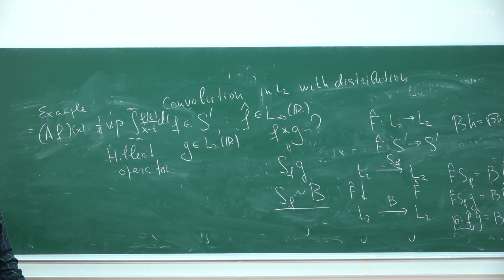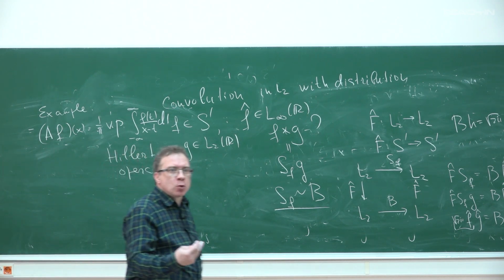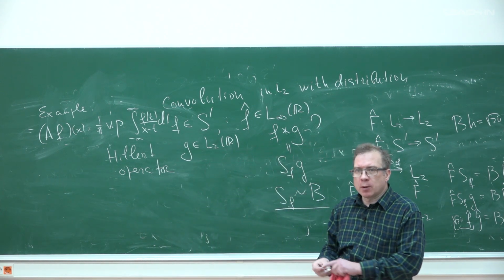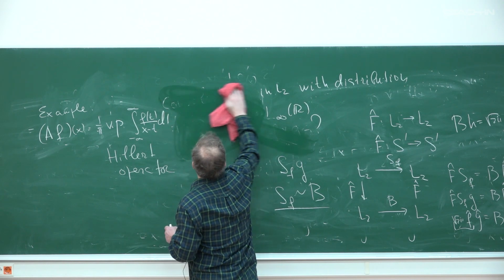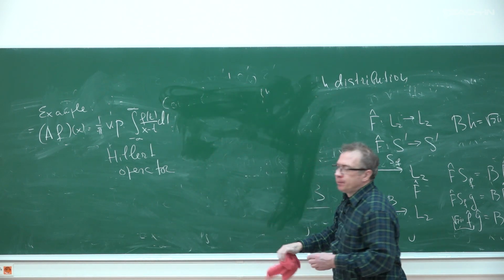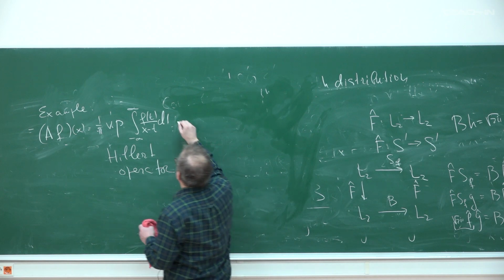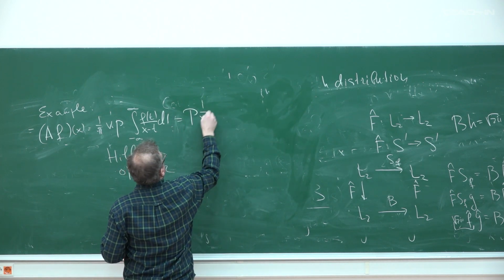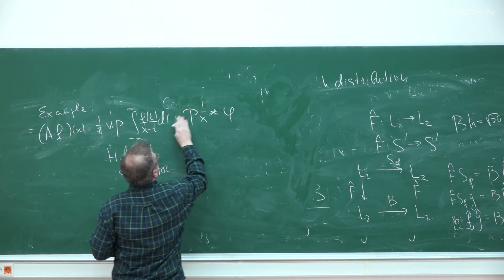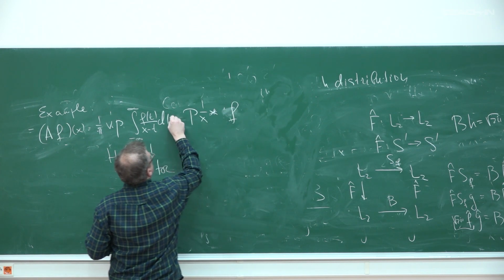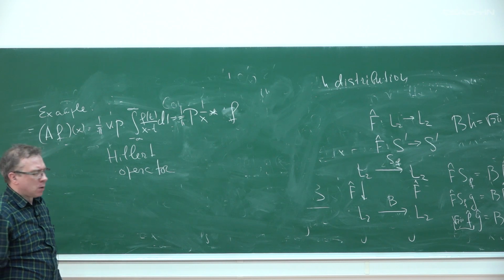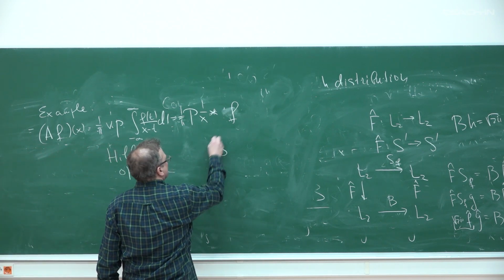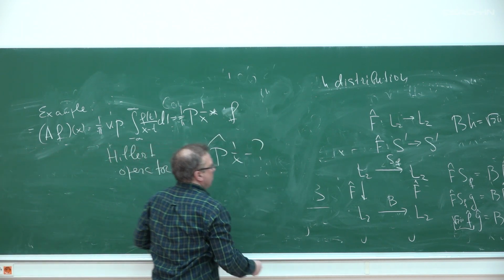It is a convolution. With what distribution? I write it today. This distribution, one over pi. So we need to find this.